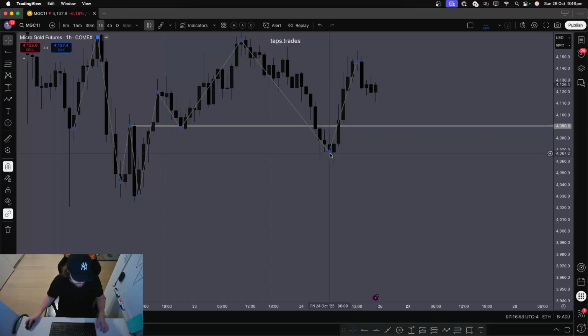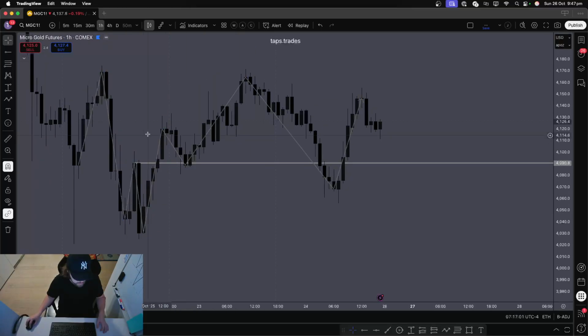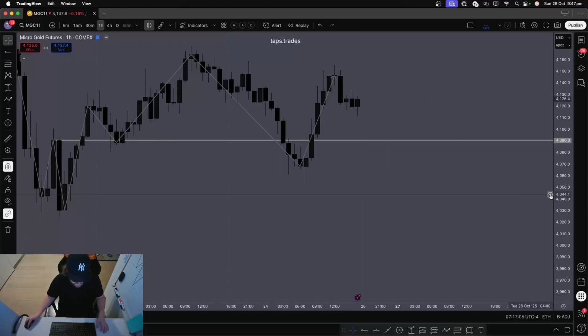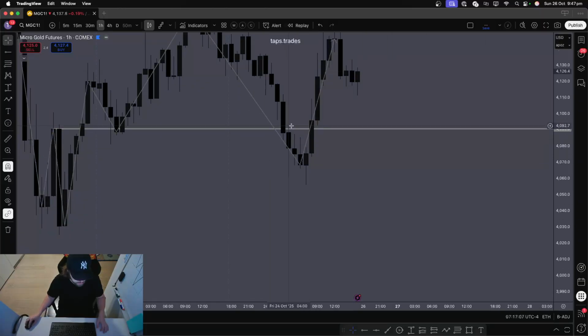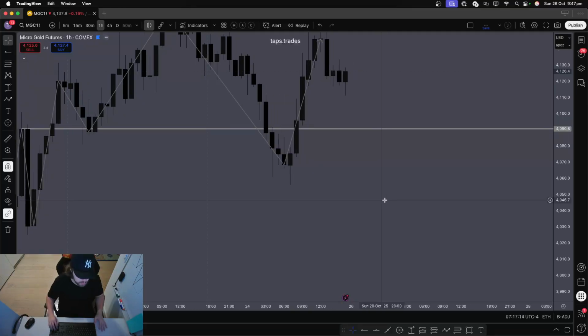If we then zoom in at this point on our internal structure, again, the 1 hour, this is our external structure. But let's review this, knowing full well that above this level, price has the potential to be bullish. We're going to the internal structure to look for uptrend characteristics.